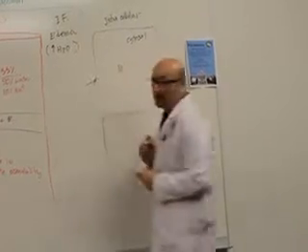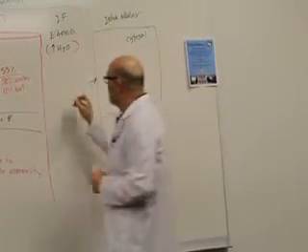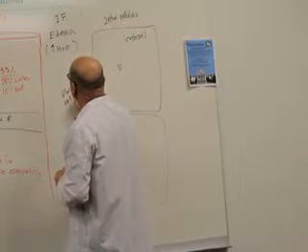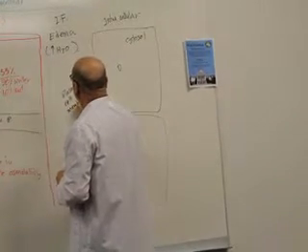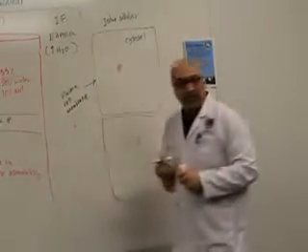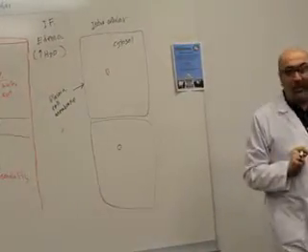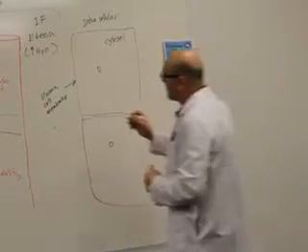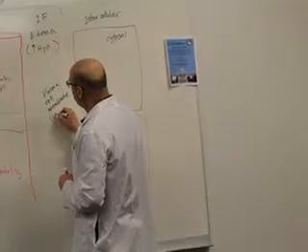This membrane we call the plasma cell membrane is actually called a selective membrane. So it's a selective membrane, right?